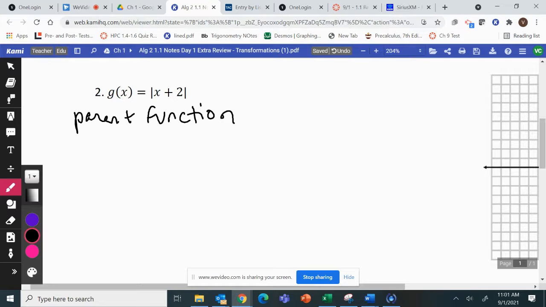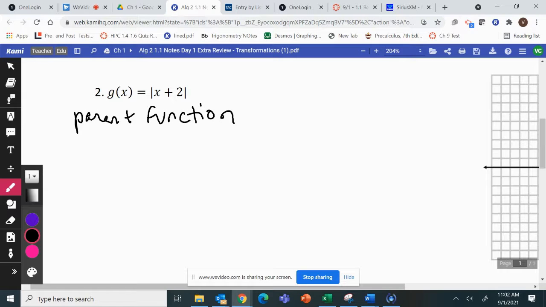Starts with an A. ABS. Let me forget. You forget? Okay, so what is it, Maddie? Absolute value. So the first thing you need to know is that this is absolute value. So when I read it, I say absolute value of x plus 2, and now I know it's absolute value.